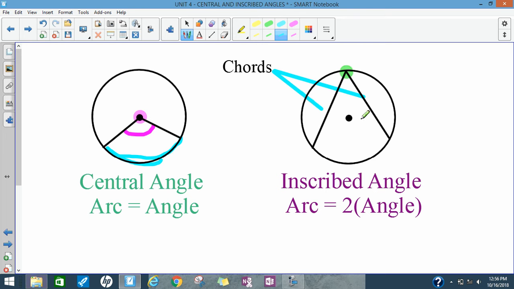That's a diameter. That's just a special type of chord that goes to the center. And so we have this angle formed whose vertex is on the circle, whose sides are chords, and it intercepts an arc, just like the central angle. But the relationship is different here. The arc that's intercepted by the inscribed angle is 2 times the size of the angle.